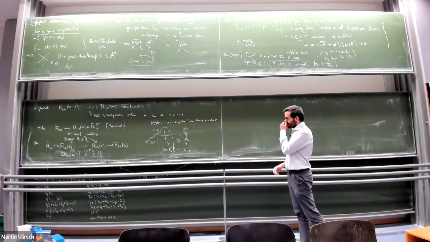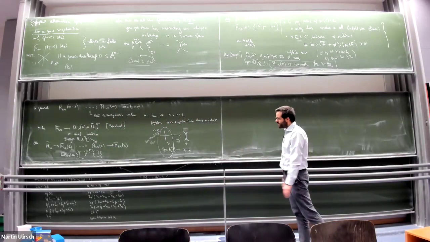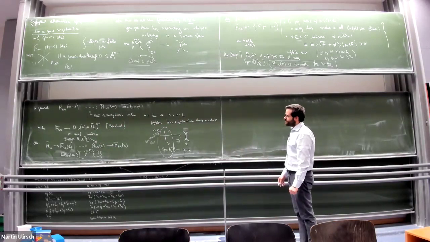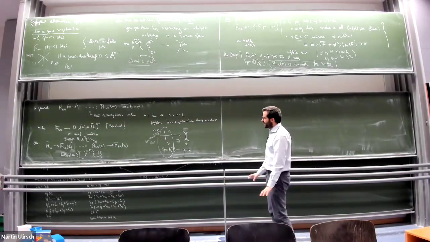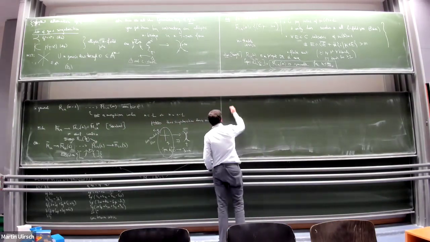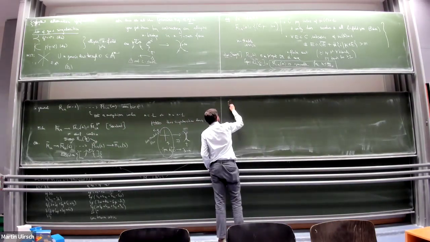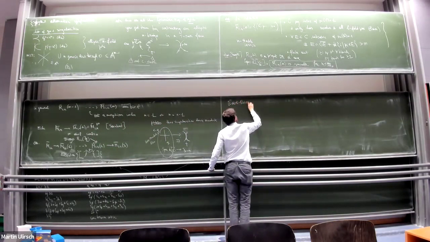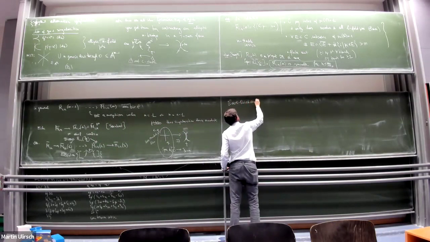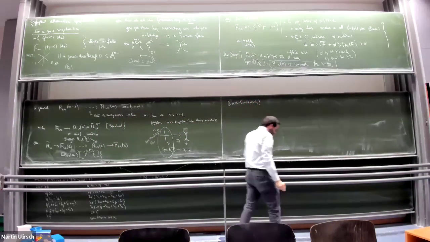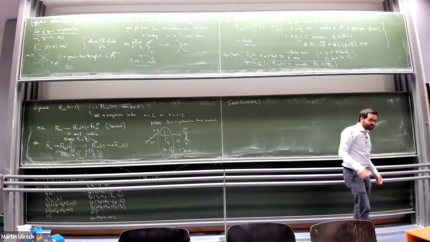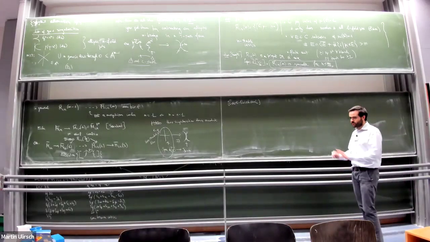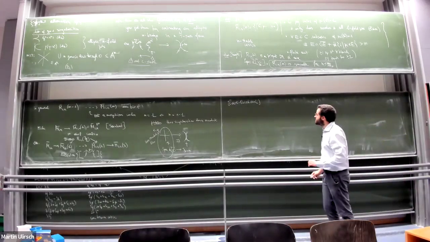And then in order to do the computation, there's one input that comes from the work of Lekili and Polishchuk. So they came to it from the point of view of mirror symmetry and A-infinity structures, so quite a different place to start.